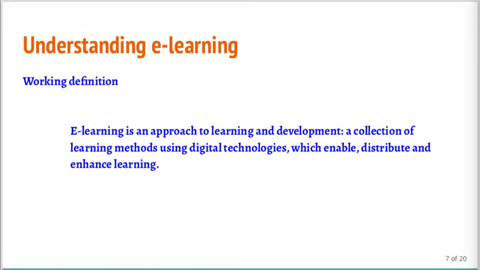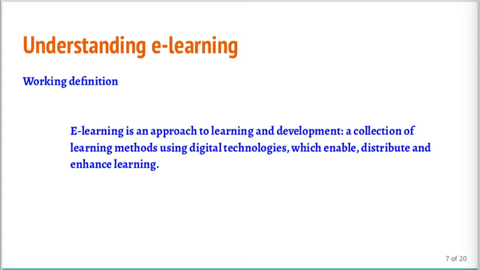Here, the approach to learning and development emphasizes the learning part, and the collection of learning methods using digital technology tells about the technology required for a better learning experience, which enables, distributes, and enhances learning for the organization and the individual's betterment. Keep it in mind.